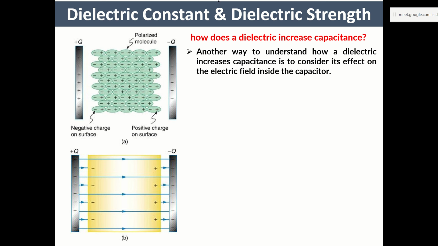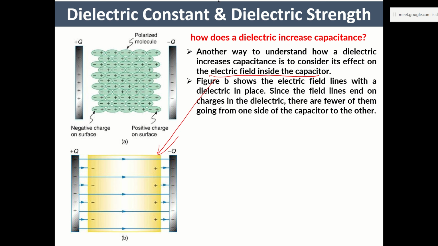When you look at the electric field inside the capacitor, this is the second view that we are taking. As I told you, when you draw electric field, it is always drawn starting from plus and ending at minus, so the arrow is always pointing in that sense.